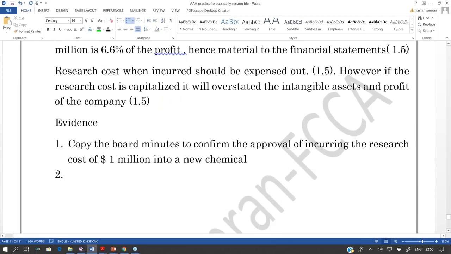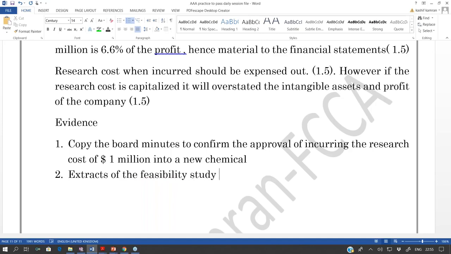Then, should I have the extracts of the feasibility study? Can I have extracts of the feasibility study? Because I don't need the feasibility study in full in my file, right? So I will just have a summary of that.